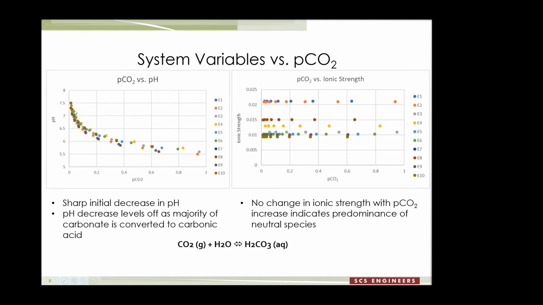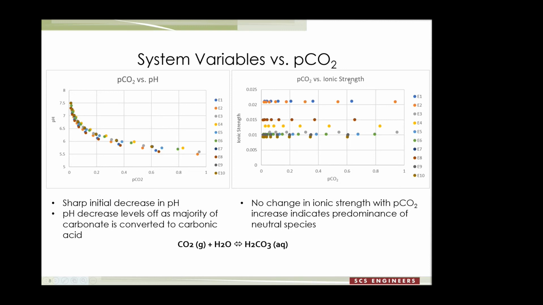But after a certain point, that pH decrease levels off. The way to explain that is that after a certain point, a majority of carbonate is converted to carbonic acid. And you can see by this equation, as you're adding carbon dioxide to the system, you're converting into carbonic acid.